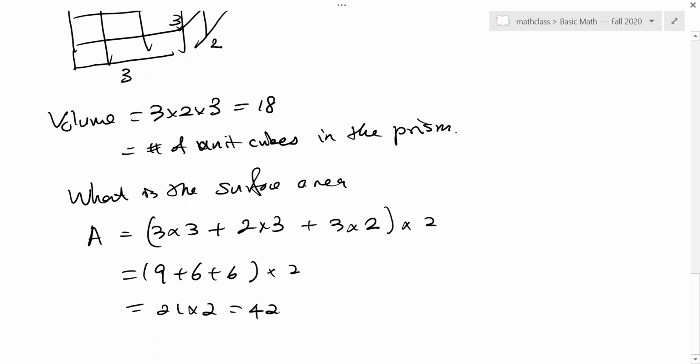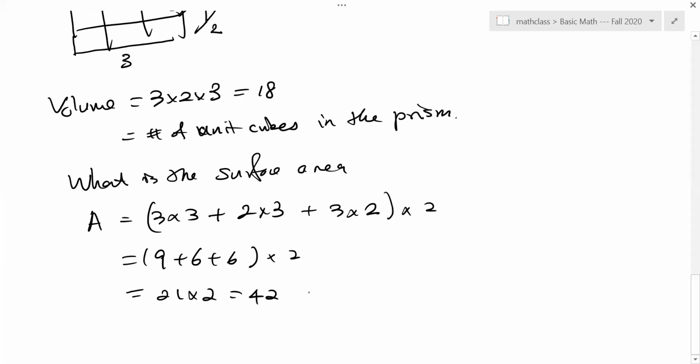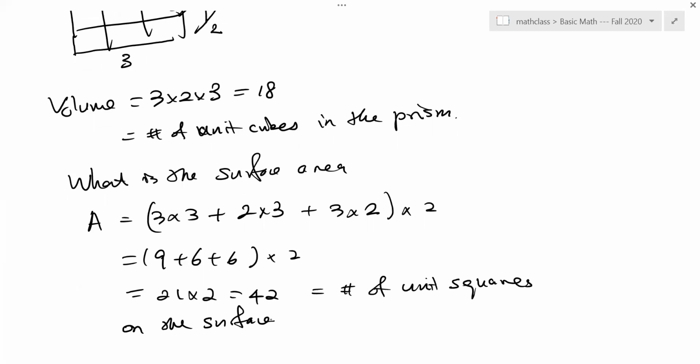It's 42. 42 just tells you the number of unit squares on the surface. This is actually the geometric meaning: a number of unit squares on the surface. You can count all of them, add them together. Indeed, it's 42.